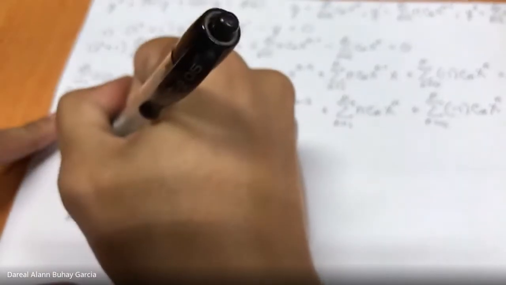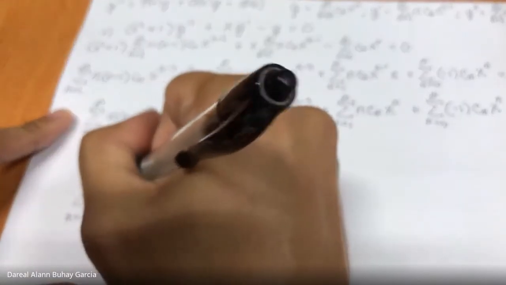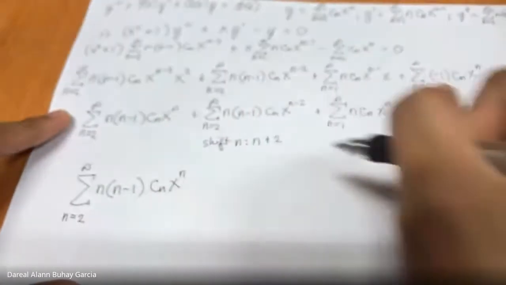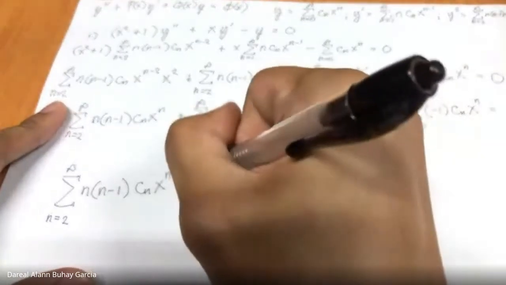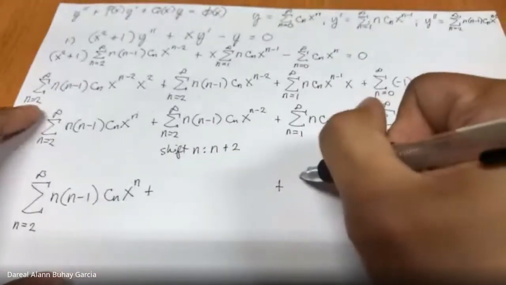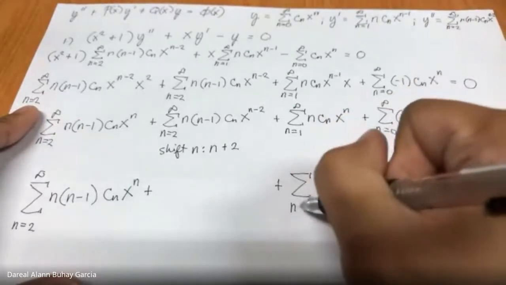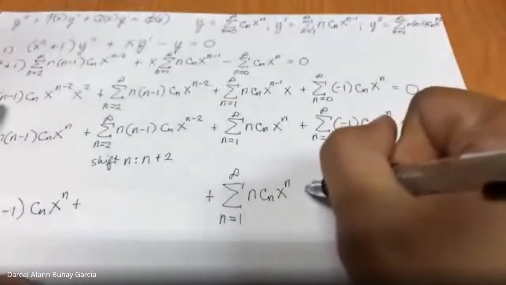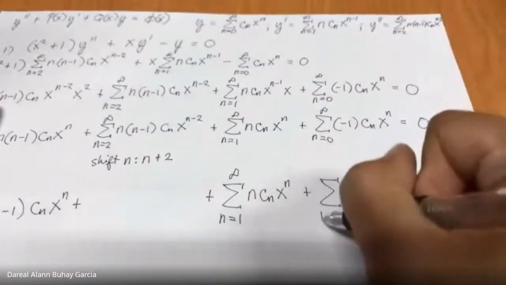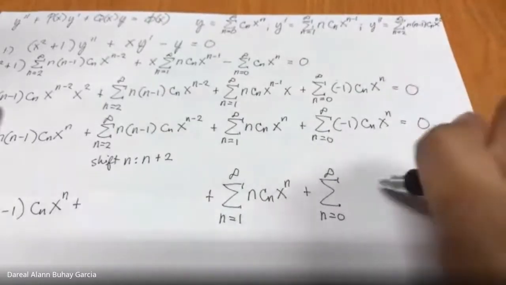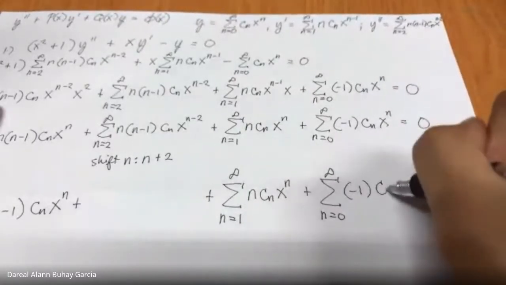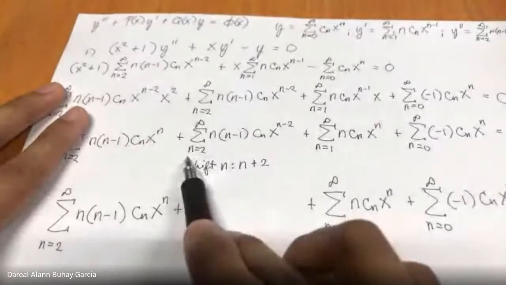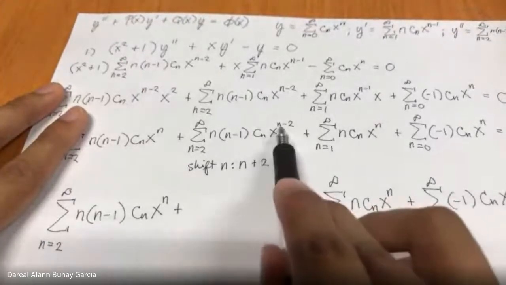Summation is equal to 2 to infinity n minus 1 c sub n x to the power of n plus later na siya. Copy sa nako. So all n's here replaced by n plus 2.